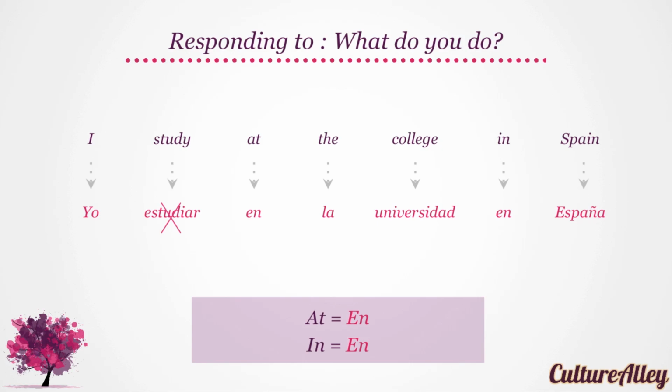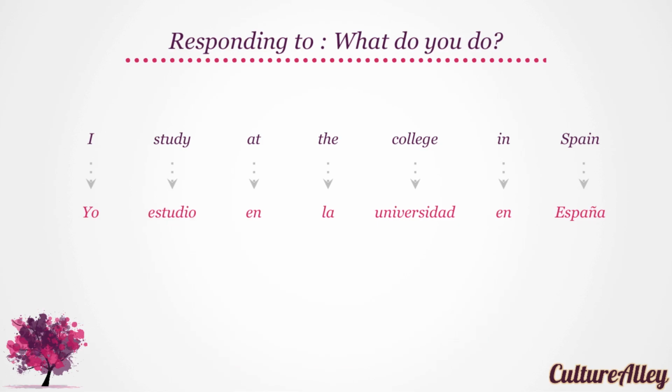In translates to en again. Spain is España. We saw that we cannot use estudiar as it is. With yo, we change it to estudio. Hence, our sentence becomes yo estudio en la universidad en España.